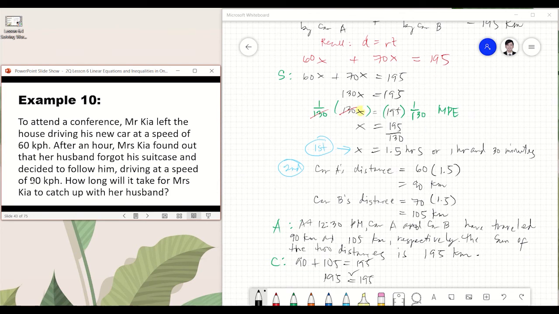Kung, let's say, 50 kilometers per hour yung speed ni Mrs. Kia, so hindi niya talaga maaabutan si Mr. Kia. So, kailangan mas mabilis pa siya. So, yung tanong ngayon, kung ganito kabilis yung average speed ni Mrs. Kia to catch up Mr. Kia, okay, ilang oras ang kakailanganin?